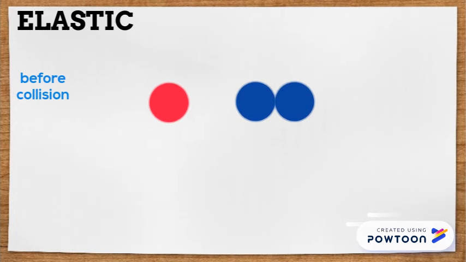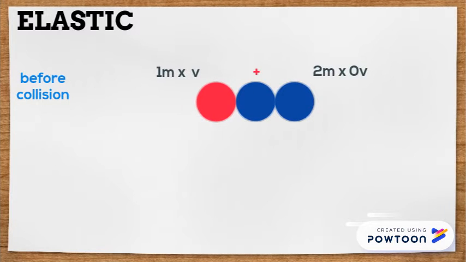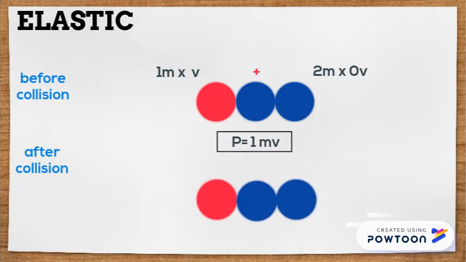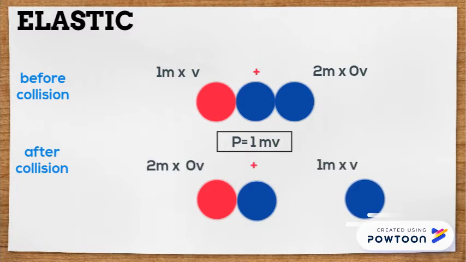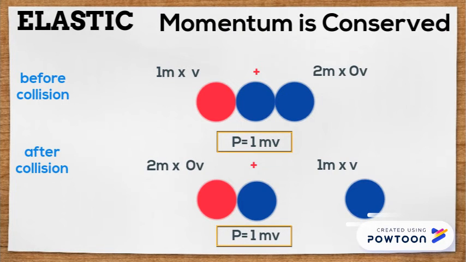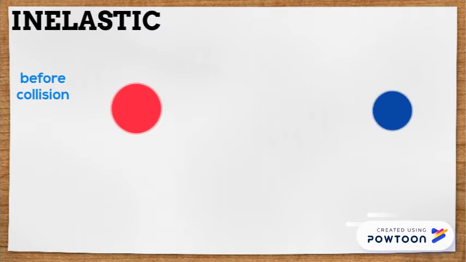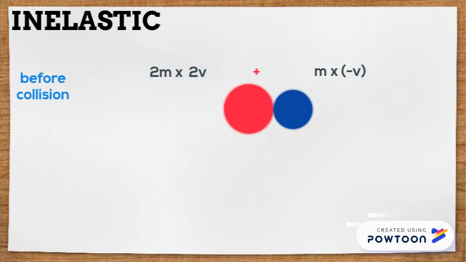Now let's have a look at an example of elastic collision. Here we can see that momentum is conserved. Now let's have an inelastic collision.